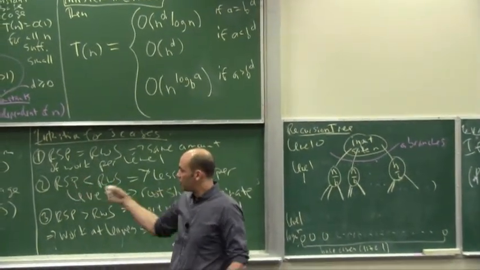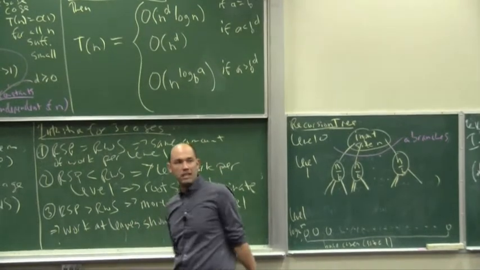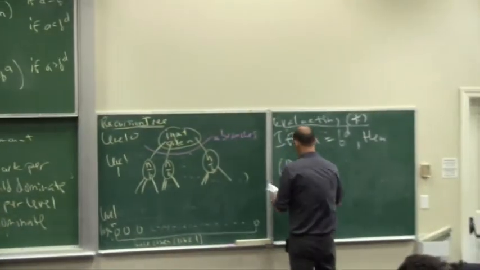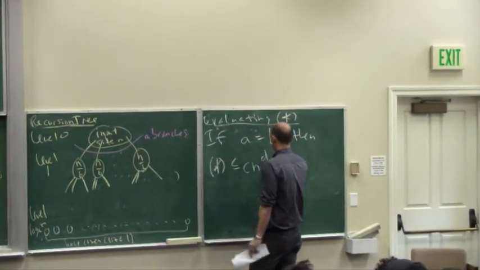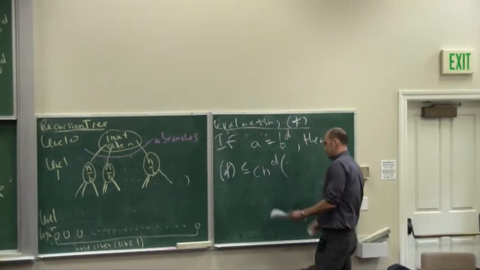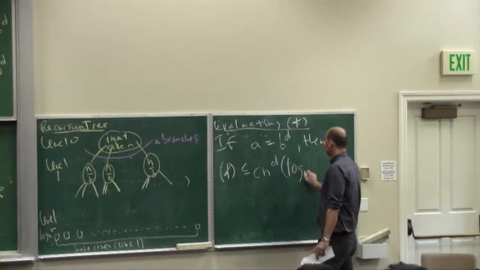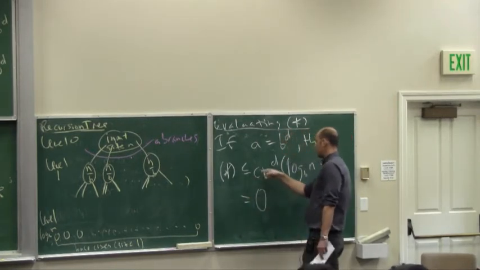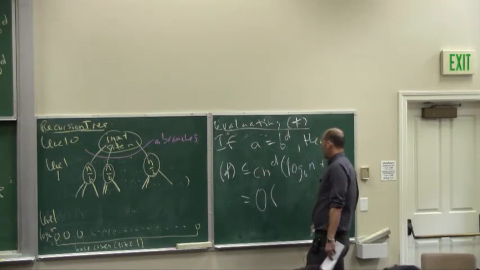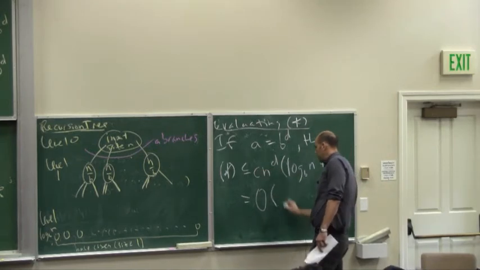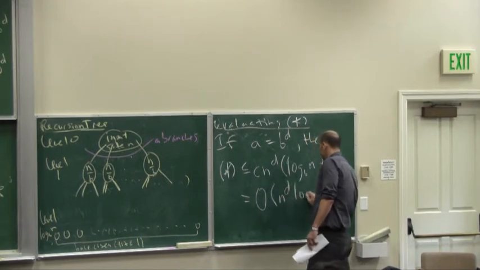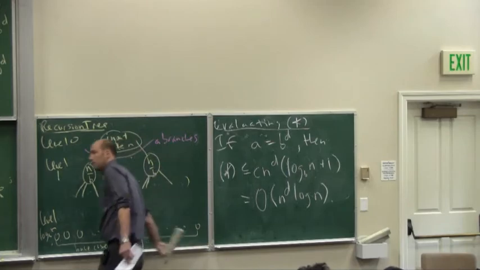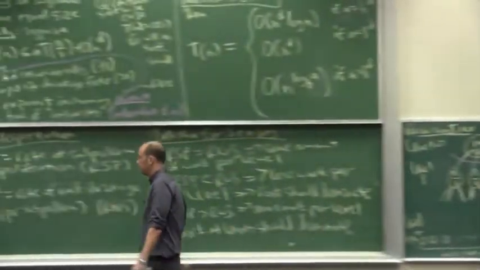So that sum is just 1 added up log base B of n plus 1 times. And this should look super familiar from Thursday. And I can drop this leading constant in the big O, and I can ignore the log base in the big O. So that proves case 1 of the master method.